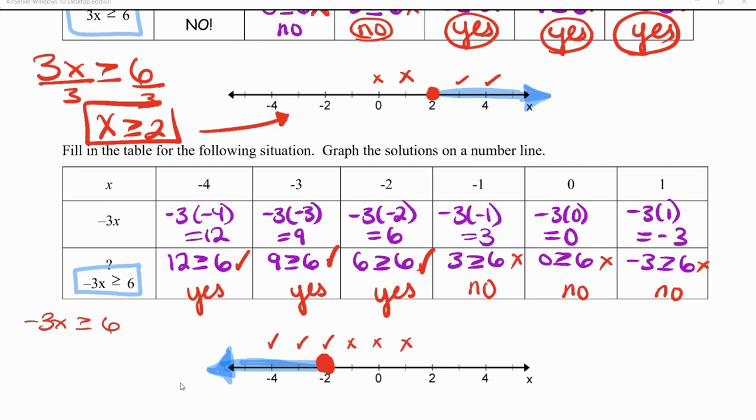And now let's check the solution. Right now we're multiplying x by negative 3. So when we divide by negative 3, we get x is greater than or equal to negative 2.